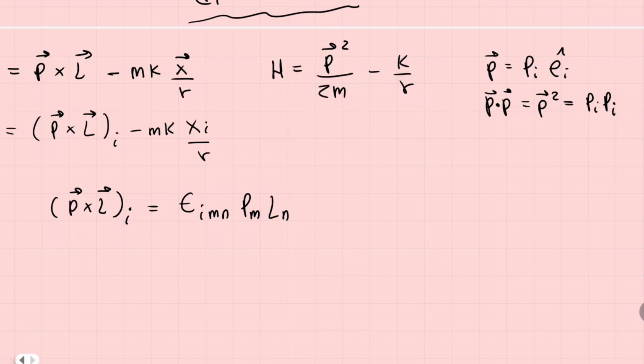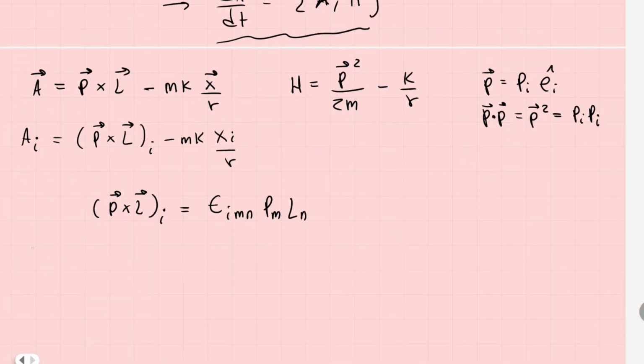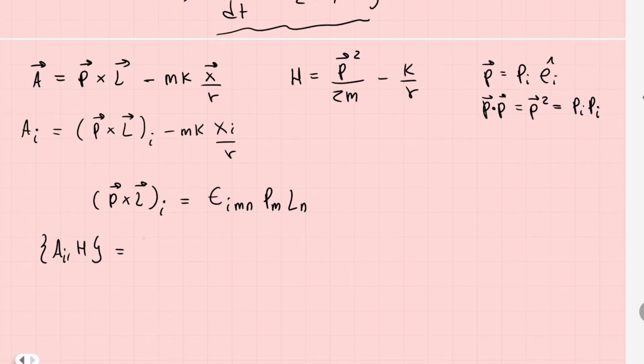This is a formula that we are not going to show in this video, but we are going to use it because it will be very useful. So if we want to calculate the Poisson brackets of A_i with H, this is going to be the Poisson brackets between epsilon_imn P_m L_n minus mk x_i over r, with H.